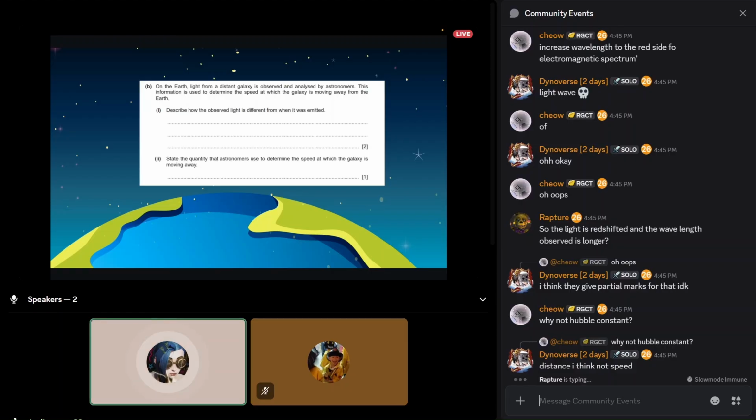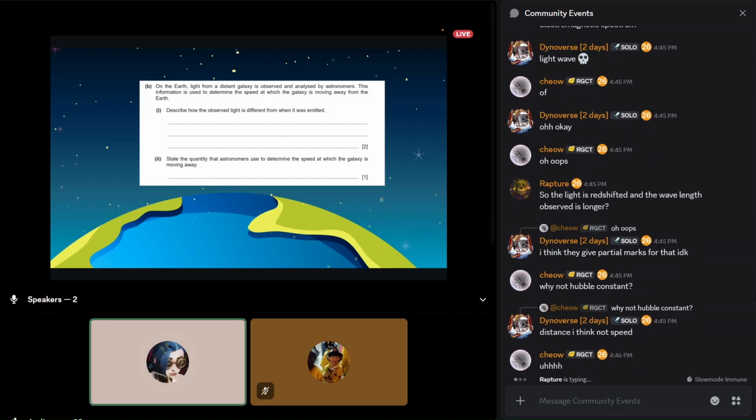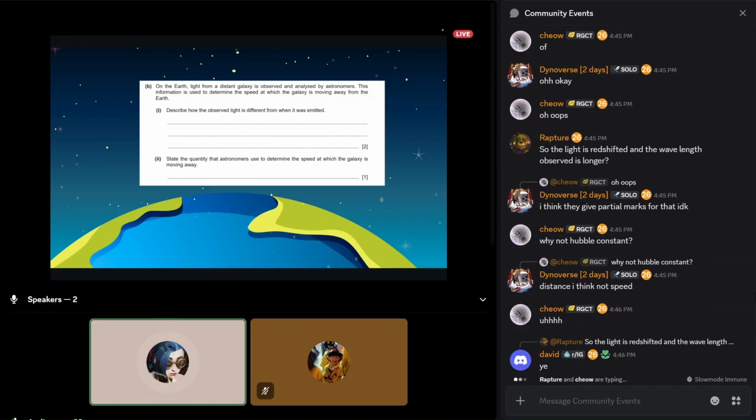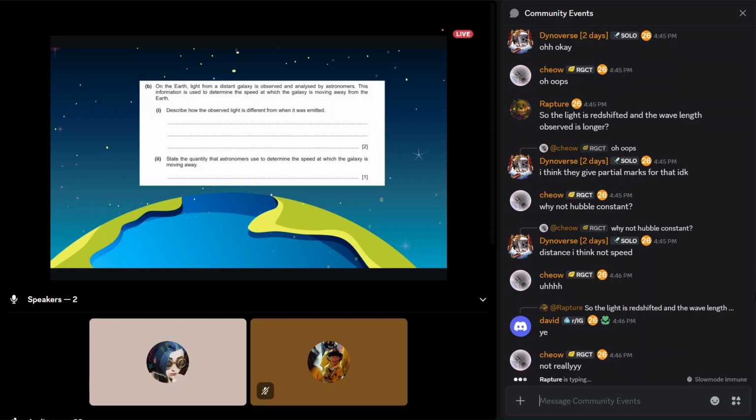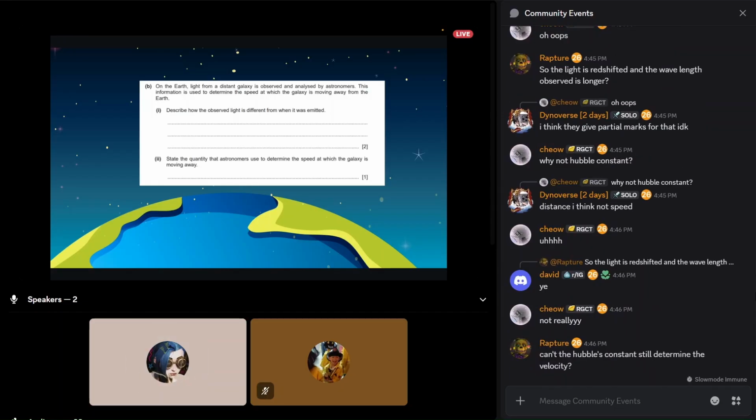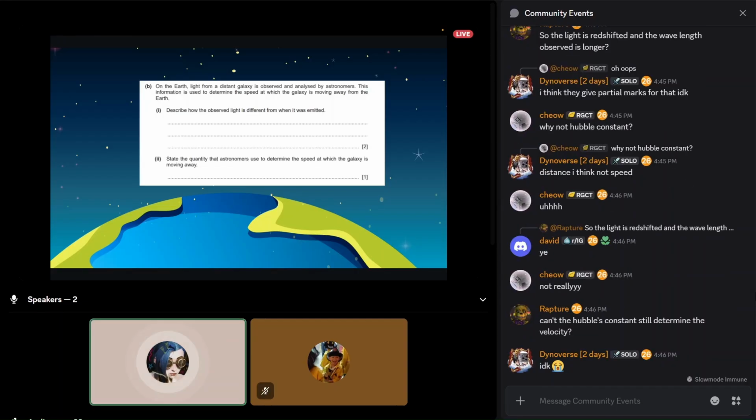You can't really determine the velocity with Hubble's constant itself, because, as I said, it applies for all galaxies.